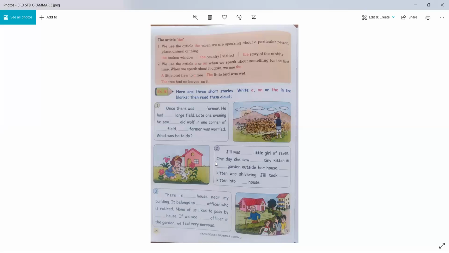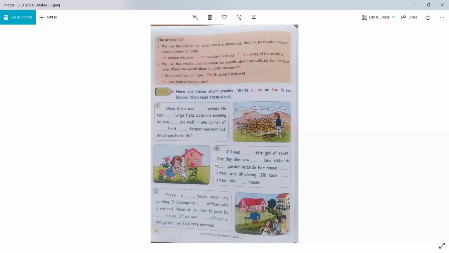Once again I will repeat. Jill was a little girl of 7, means she is 7 years old. One day she saw a tiny kitten in the garden. Okay, in the garden, because here the garden is a place outside her house.